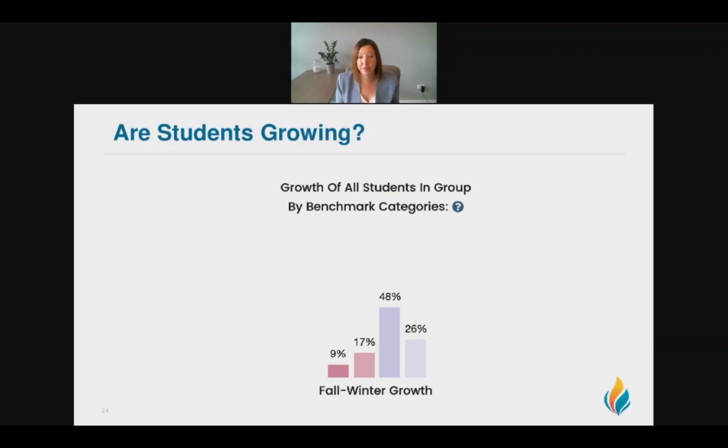Exploring this type of data in the winter would also allow a building leadership team to identify specific classrooms or specific skill areas that haven't made a lot of growth from fall to winter, and focus resources such as coaching or intervention resources toward improving the universal tier in those areas. You can use these growth data to identify needs in the winter so that you can improve trajectories from winter to spring.